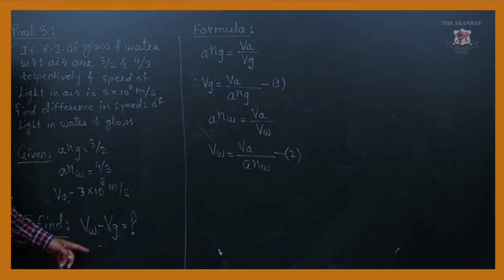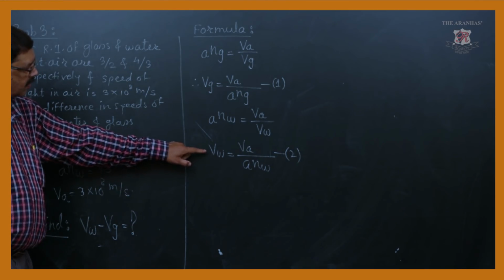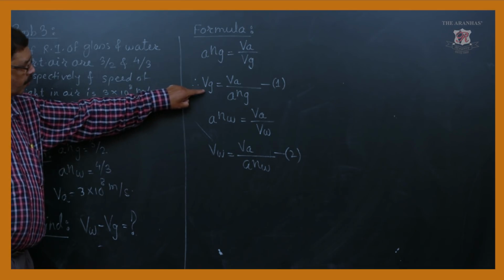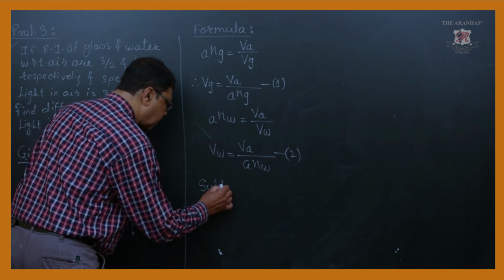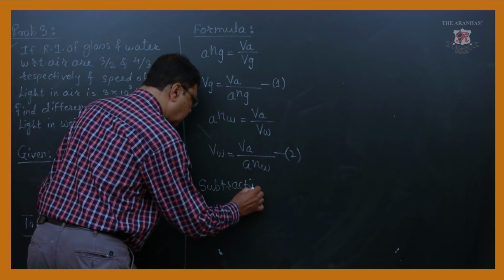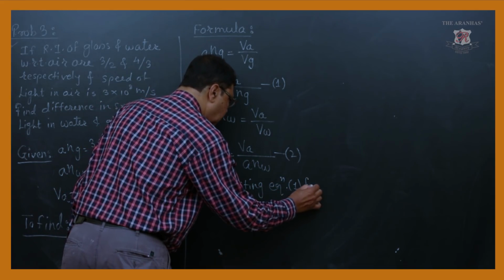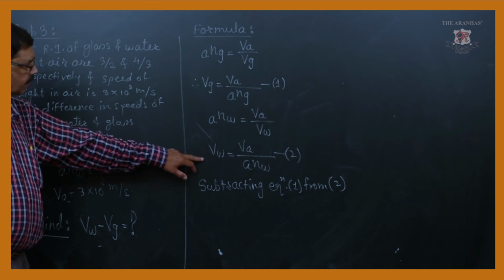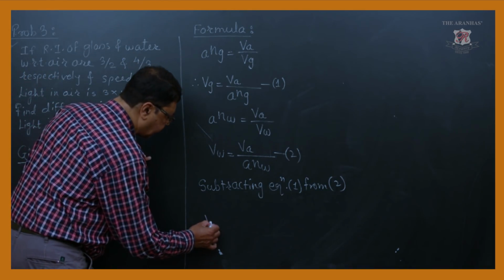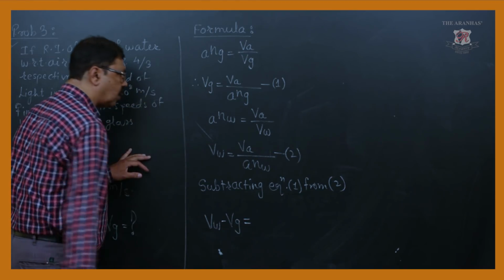Now observe what you are supposed to find out, Vw minus Vg. How can you generate the formula for Vw minus Vg? Subtract equation 1 from 2. Means what do you do? You subtract the left hand side from left hand side. So on the left hand side I get Vw minus Vg equal to.